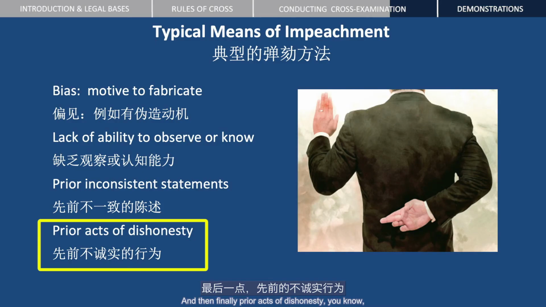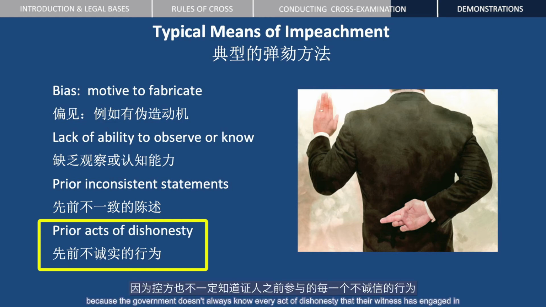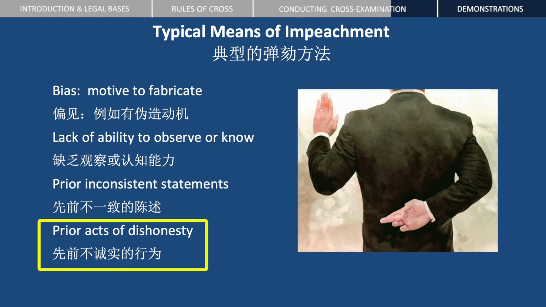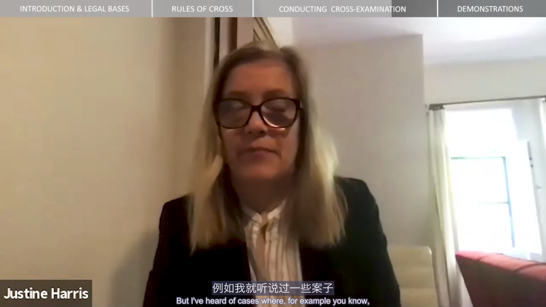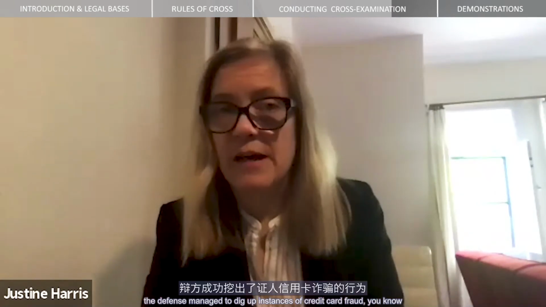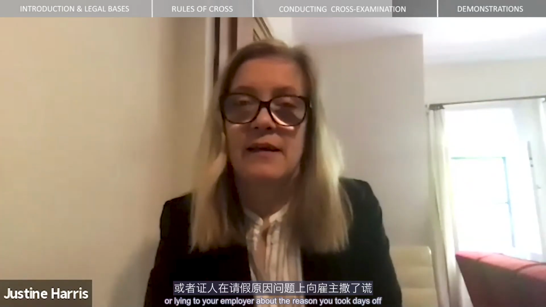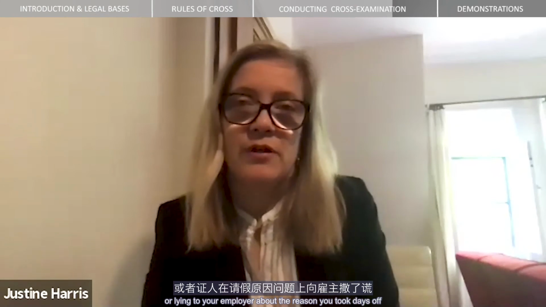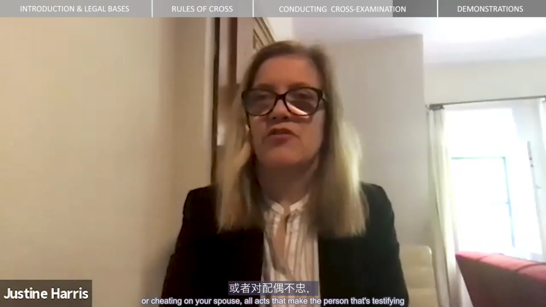And then finally, prior acts of dishonesty. This goes to matters that the government may have disclosed to you, but the government doesn't always know every act of dishonesty that their witness has engaged in. I've heard of cases where the defense has managed to dig up instances of credit card fraud, or of lying to an employer about the reason for taking days off, or cheating on a spouse.